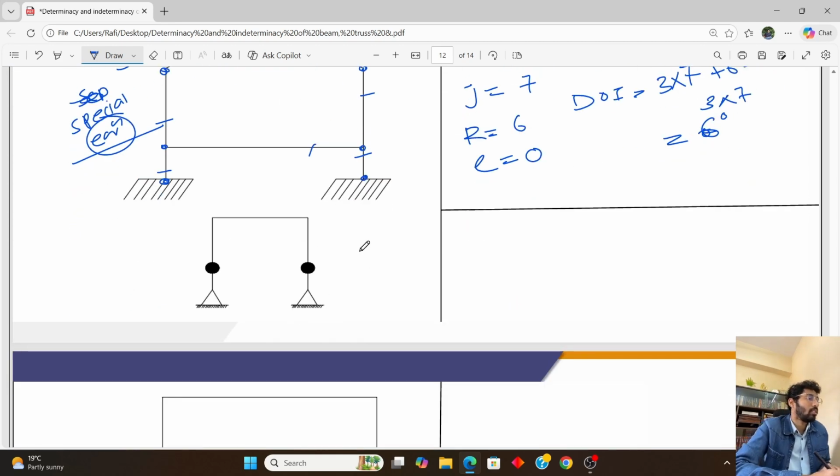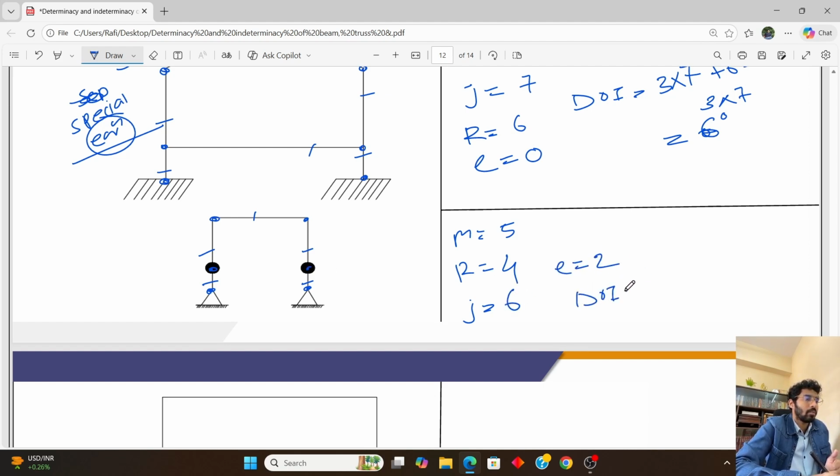If we look at this problem, we will see that there are 1 2 3 4 5 bars. The value of M will be 5. The number of R will be 4, as there are two hinge supports here. So the value of J will be 1 2 3 4 5 6. There are 6 joints. The value of E will be 2.